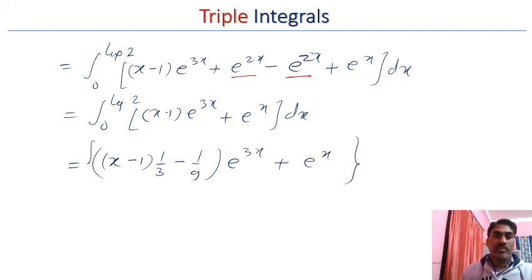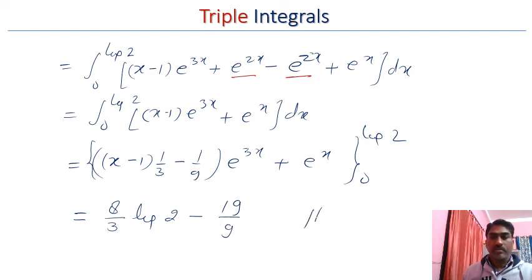The limit for the whole is 0 to log 2, and after simplification you will get 8 by 3 log 2 minus 19 by 9. So this is our integral.